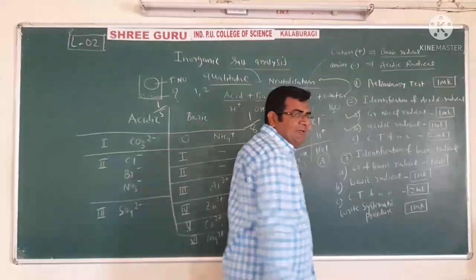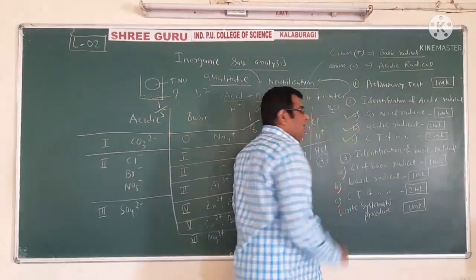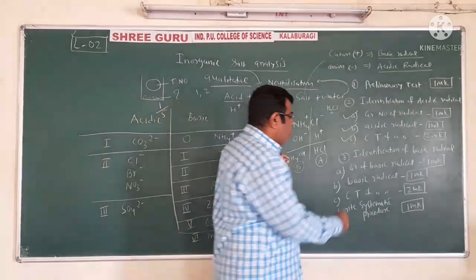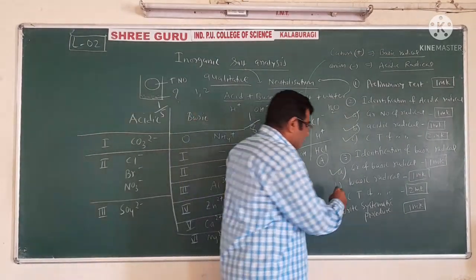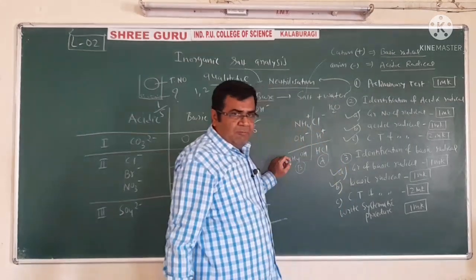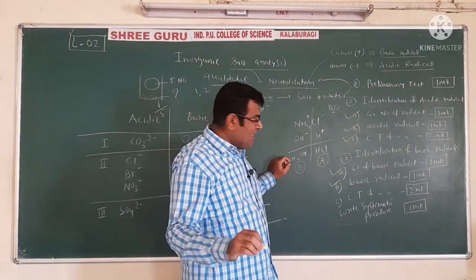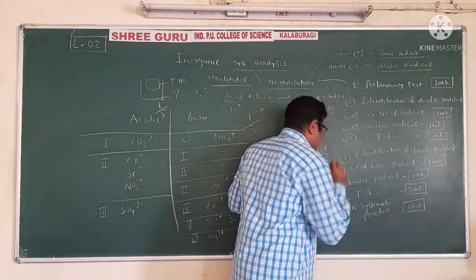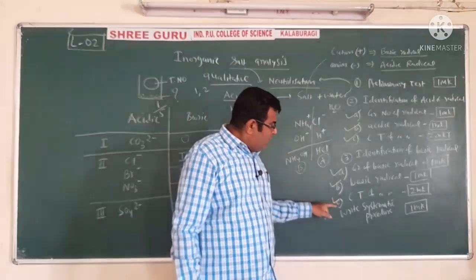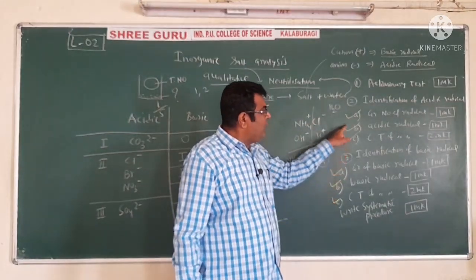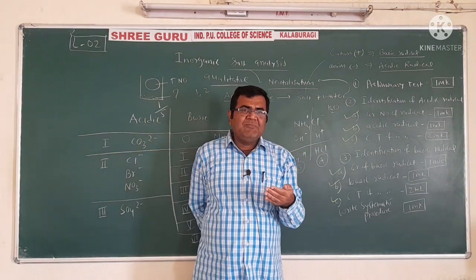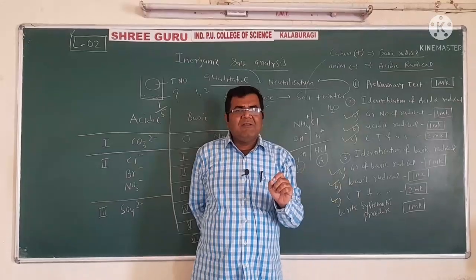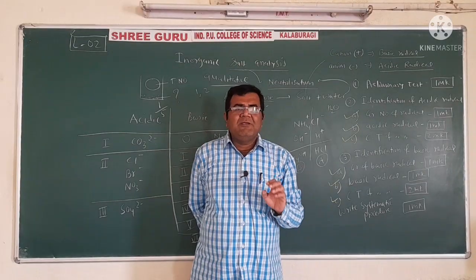Then the acidic radical confirmation. Then the group of the basic radical, you have to report. The basic radical name you have to report, which basic radical is present in your salt. And the confirmation of that basic radical. So 1, 2, 3, 4, 5, 6. After writing, you have to show it to the examiner. The examiner will sign there. Only then will your paper be your victory.